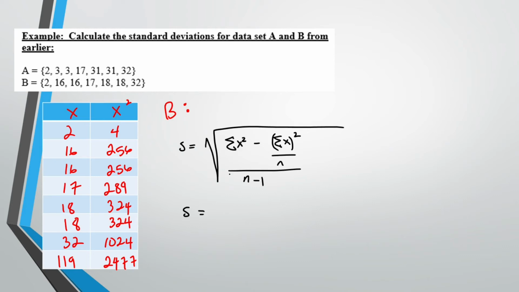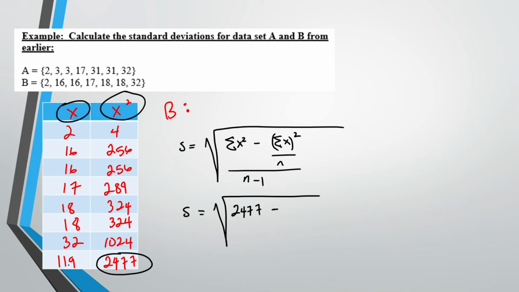Now remember, the summation of x squared is just the total of the second column, so this is equal to the square root of 2,477 minus the summation of x, which is the total of the first column, so we have 119 quantity squared now, divided by our sample size, which is 7. And we'll divide that by 7 minus 1.